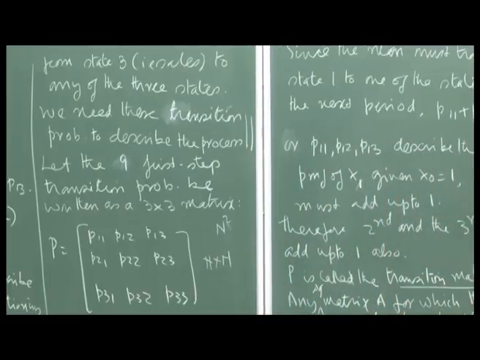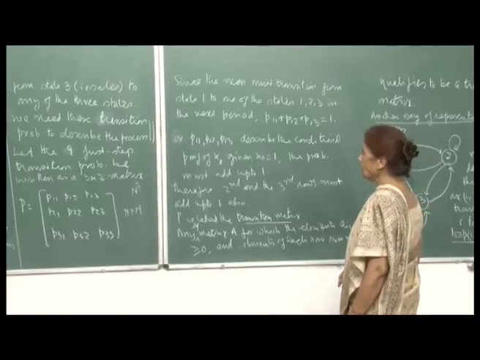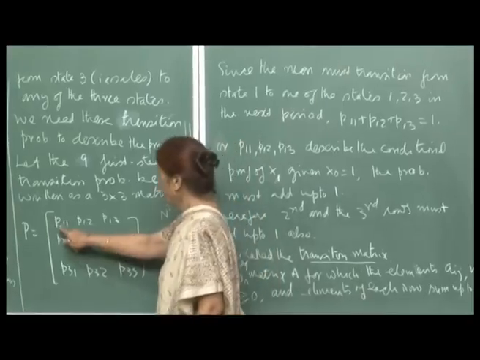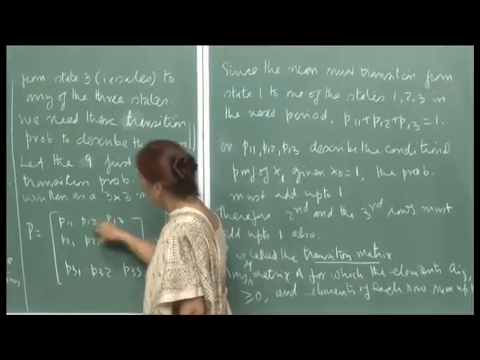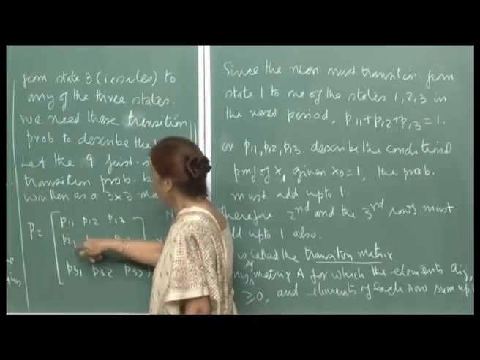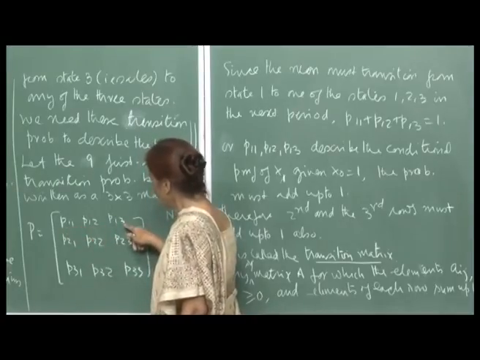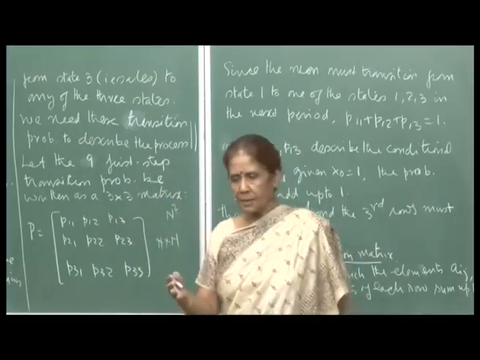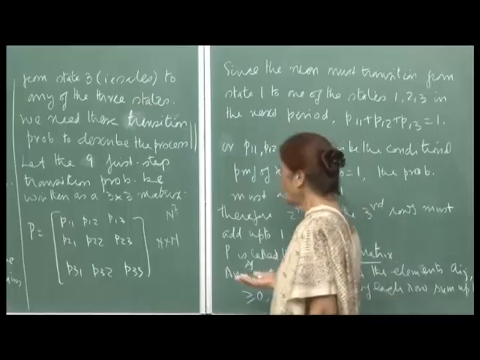Now, since the man must transition from, let us say, production to any one of these, either he stays in production, or he goes to HR, or he goes to sales, he must transition to one of them, because after every 6 months the assignment is announced.